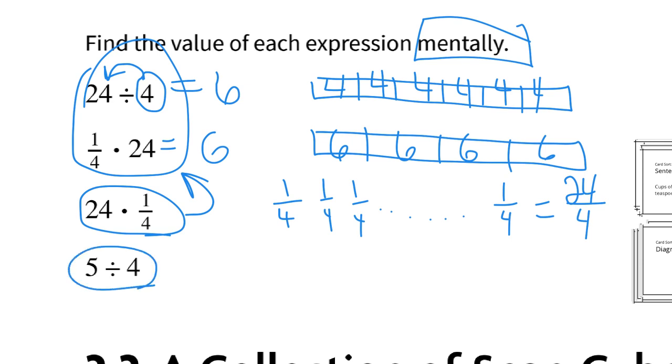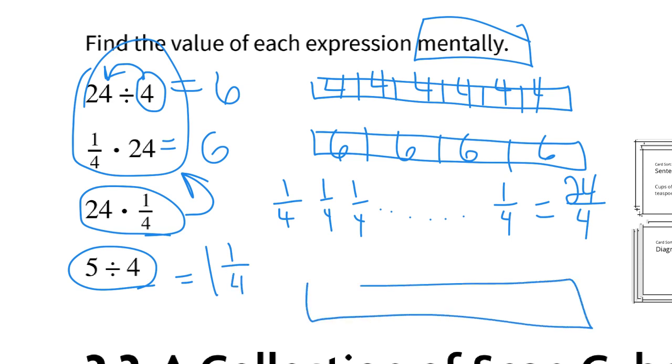And then 5 divided by 4 is going to be 1 1/4. And how do we know that? You could take 5 and cut it up into 4 pieces. Each piece is going to have 1, but that only adds up to 4.